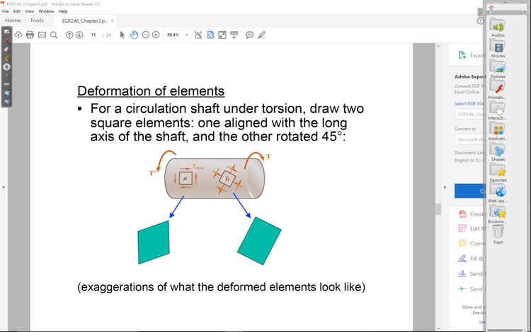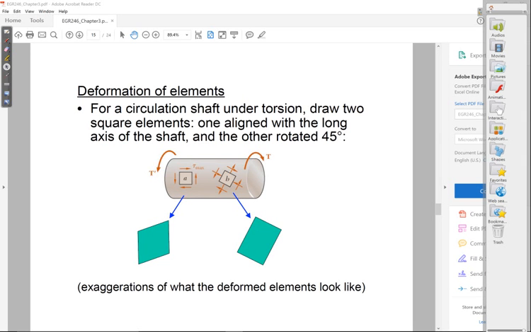So how is a piece of brittle material, like a piece of chalk, going to break when you twist on it? It breaks at 45 degrees because that is the direction of tension, and it is very weak in tension. If you draw a 45-degree line all the way around your shaft, you get a spiral.